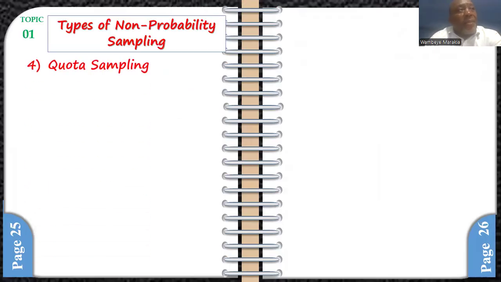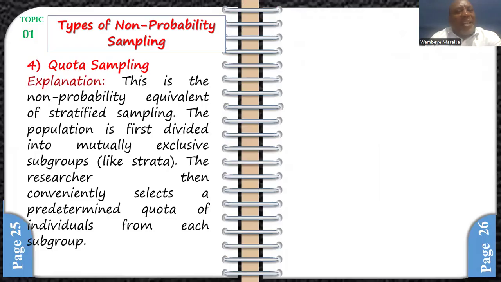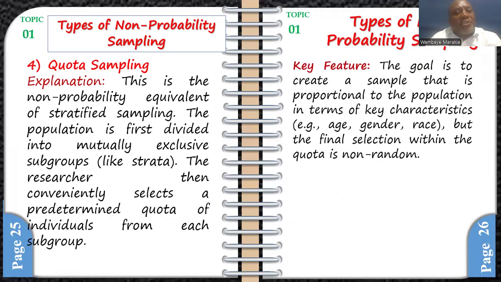Also, there is another type of non-probability sampling called quota sampling. This is the non-probability equivalent of stratified sampling. The population is first divided into mutually exclusive subgroups, like strata. Then the researcher conveniently selects a predetermined quota of individuals from each subgroup.